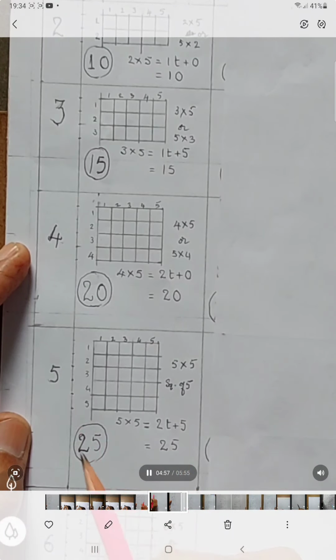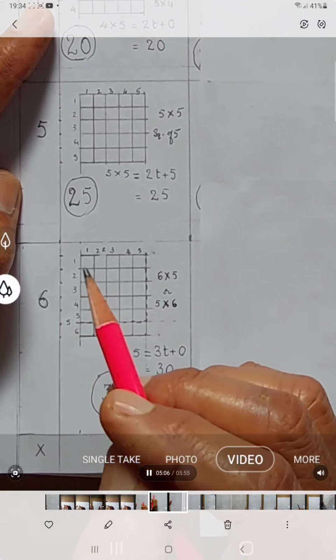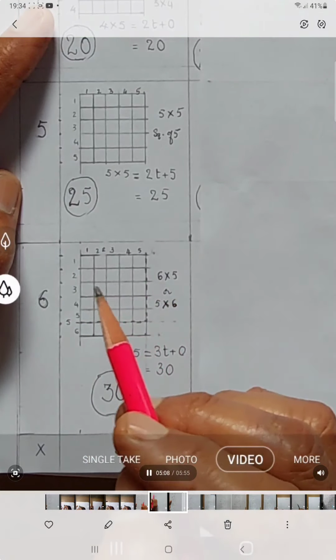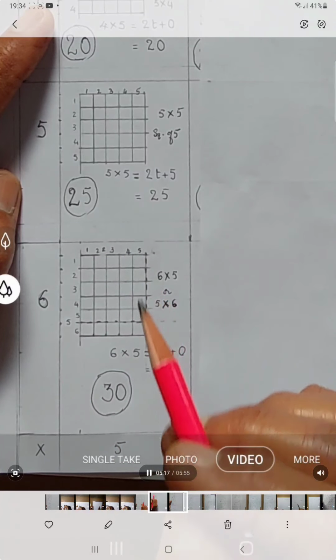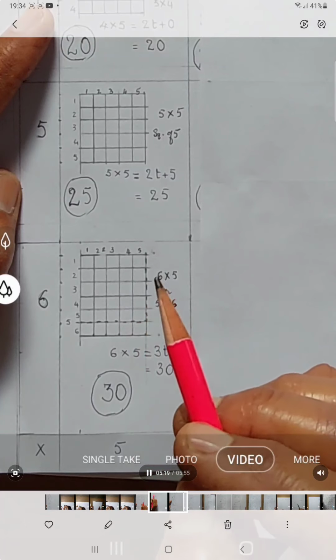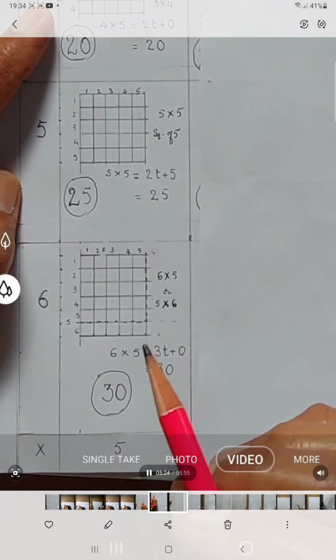Then we come to 6 times 5. So we have 6 rows, the second row, the third row, the fourth row, the fifth row, and the sixth row, and the columns remain the same as 5. So it gives us 6 times 5 as also 5 times 6. They must be equal.